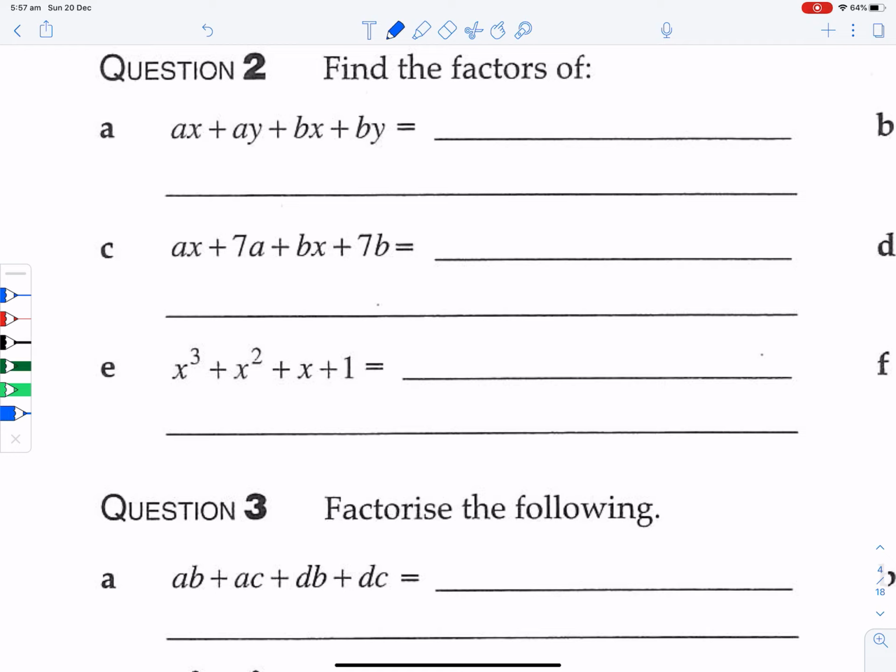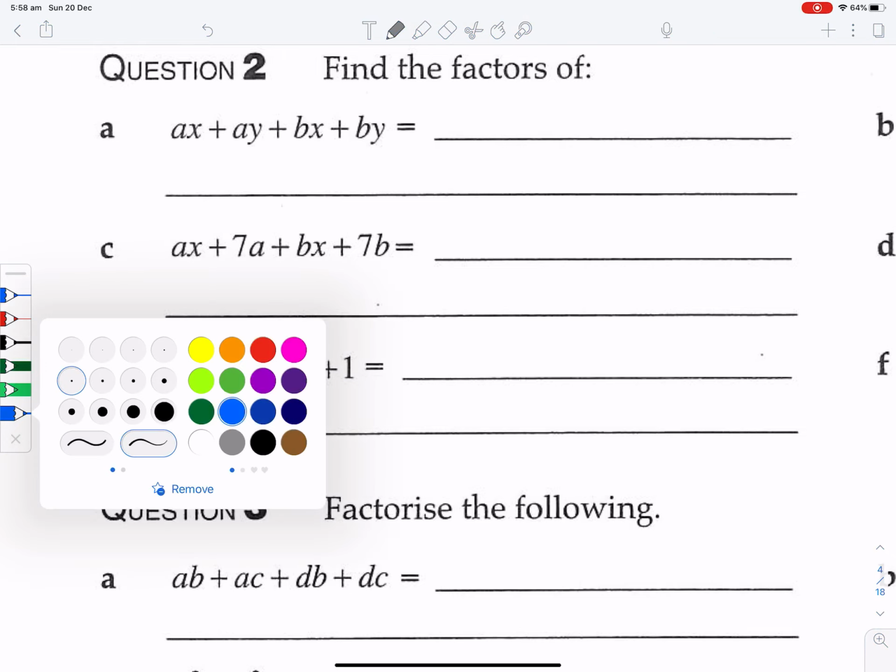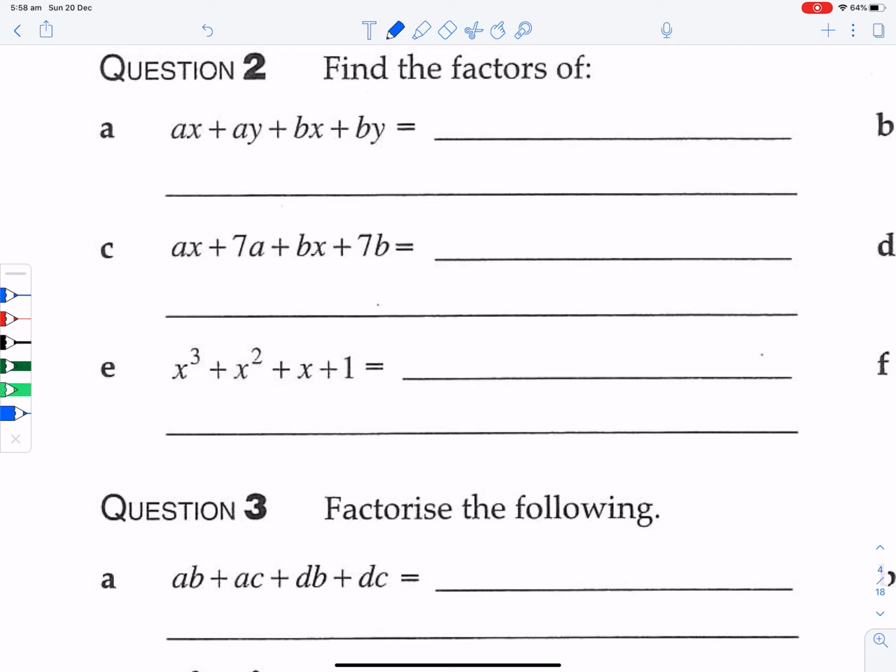If you look at the ax plus ay, what is the highest common factor that you can take out for the ax plus ay? Well, it's a. So you've got a times (x plus y). Plus, now the second pair, what can you take out? You can take out a b, and then you've got x plus y.